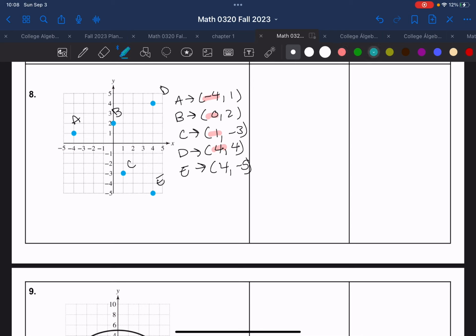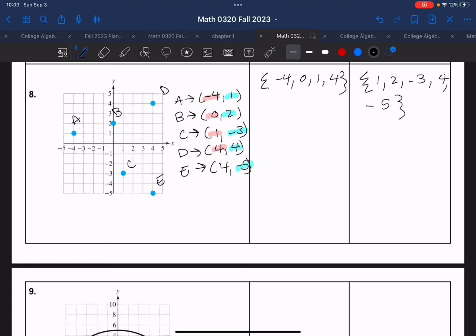And then for my y's, I have 1, 2, negative 3, 4, negative 5. None of them repeat, so that is going to be all those numbers included in our range. So for our domain, we have negative 4, 0, 1, 4. And then our range, 1, 2, negative 3, 4, negative 5.